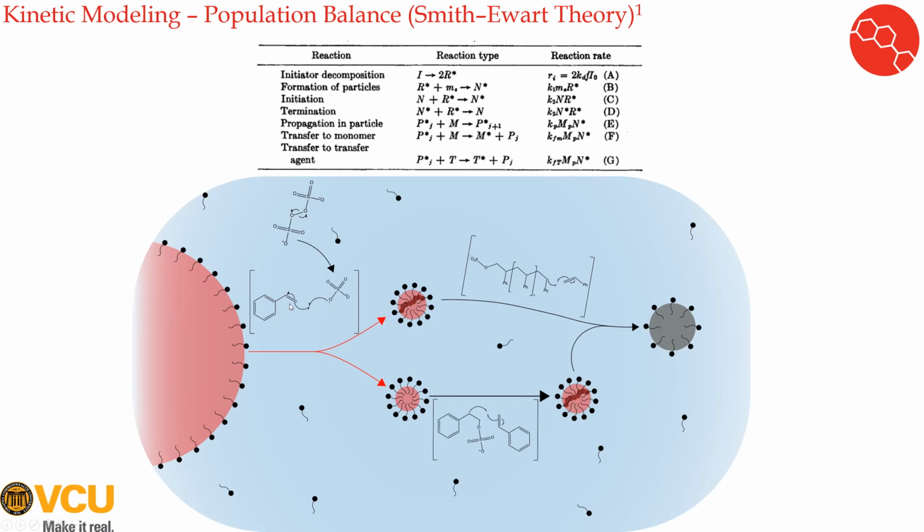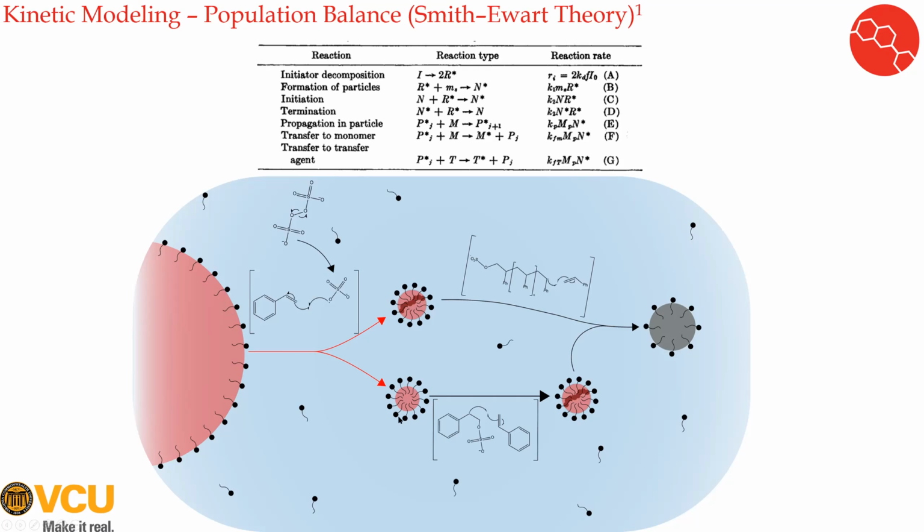So once the radical is formed, it could enter into either a monomer swollen micelle or an existing polymer particle where a radical has already made entry. And once the radical is inside the monomer swollen micelle, polymerization begins.